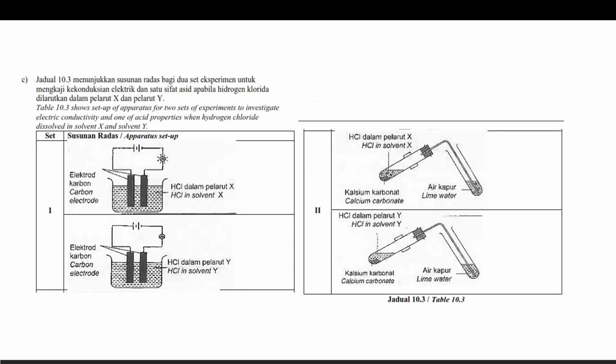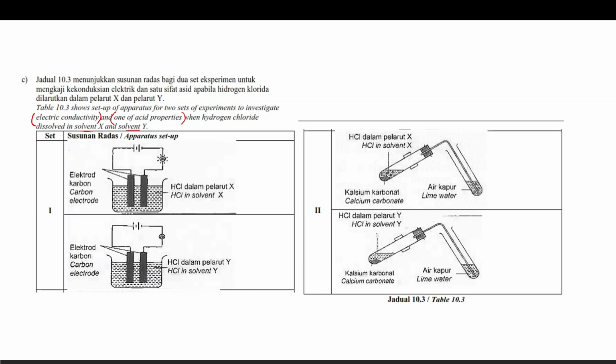Okay, next question, C. The table shows the apparatus for 2 sets of experiments to investigate the electrical conductivity and one of the acid properties when hydrogen chloride dissolves in solvent X and solvent Y. Here for set 1, we test the electrical conductivity.